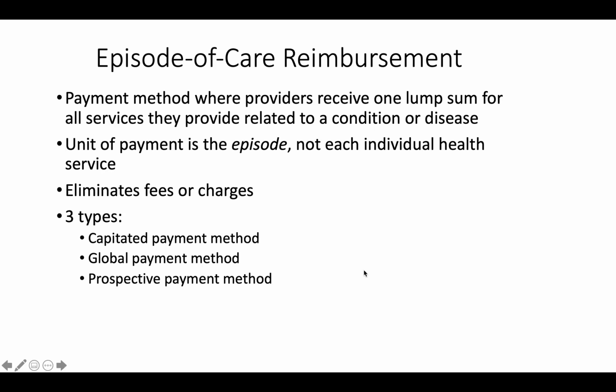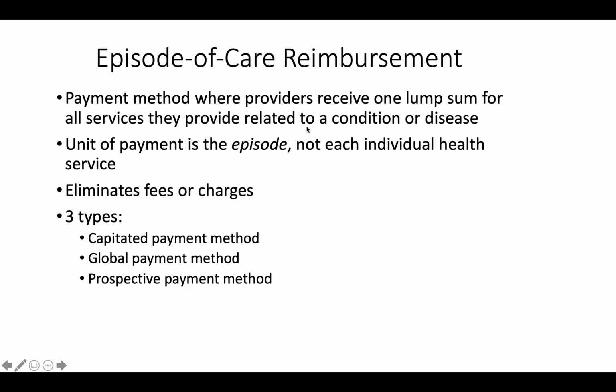So at this point, we finished the first category of reimbursement, the fee for service. Let's move to the second type, which is what I described as package of care. The proper term is episode of care reimbursement. In this type of reimbursement payment method, a provider receives one lump sum for all the services.